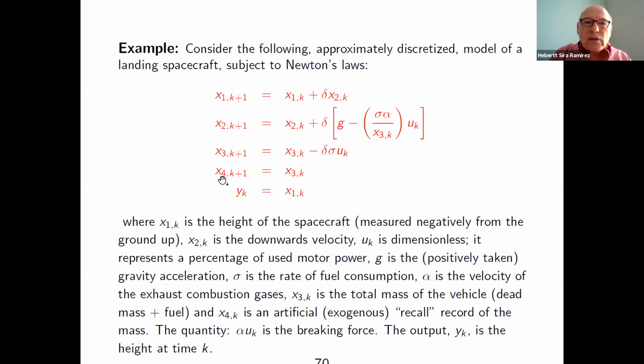So X4 is an extra state variable whose value at time k is the mass X3 at time k minus 1. So the dynamics of that variable satisfies this equation. And as you can see, this is an extra variable whose meaning seems to be rather strange, but as we previewed in the last lecture, it is going to be needed for the invertibility of some transformation.